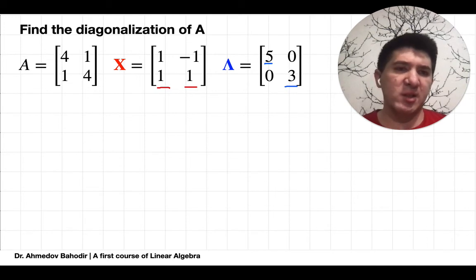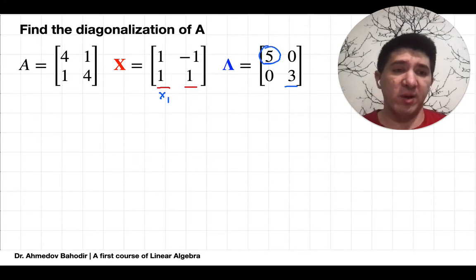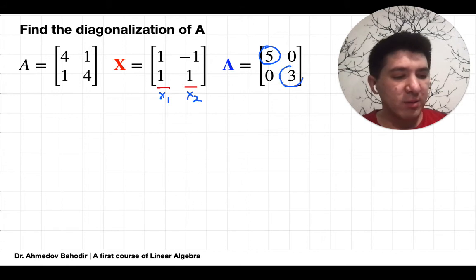I've just changed the order of the eigenvalues, but it doesn't matter because we can just change the order of the eigenvectors in the matrix X as well. So this eigenvector corresponds to the 5, so that's why it stands as the first column. And this eigenvector corresponds to the 3, so that's why it stands as the second column.